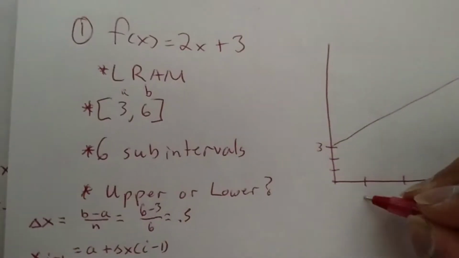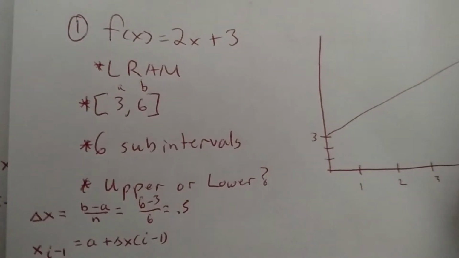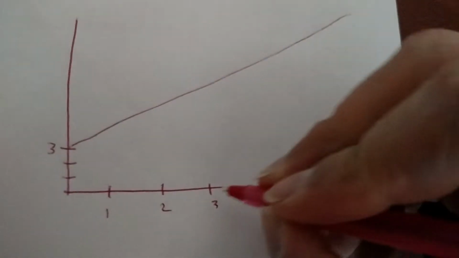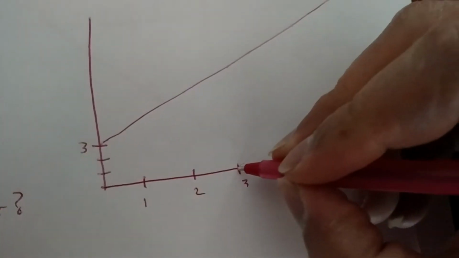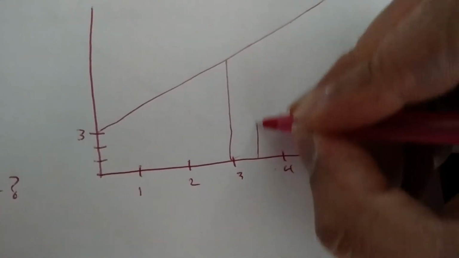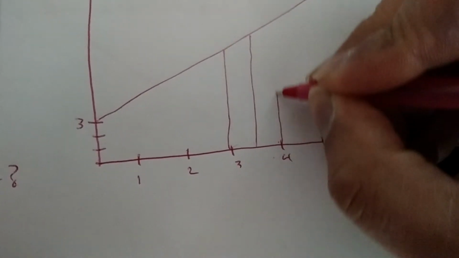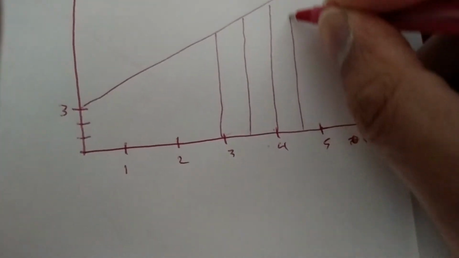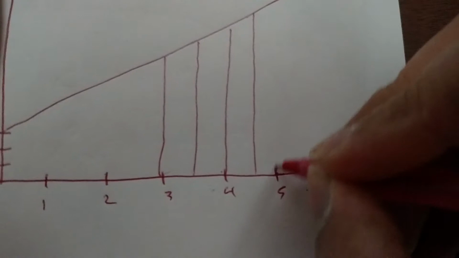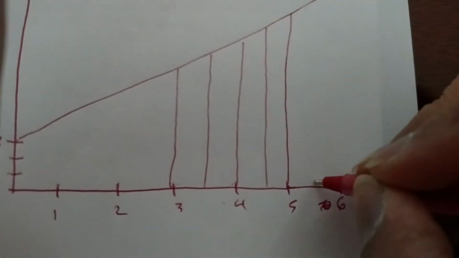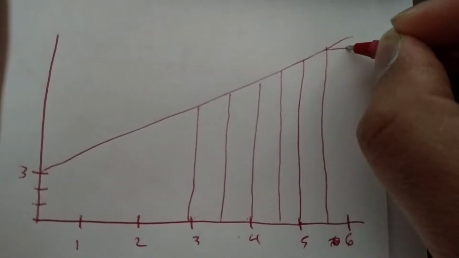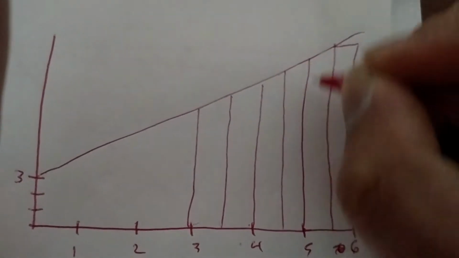So let's go ahead and put these on there. 3 to 6, 6 subintervals, and it's an LRAM, so we're 0.5 wide. It's an LRAM, so we're hitting on the left.